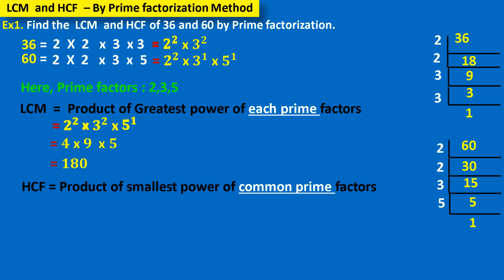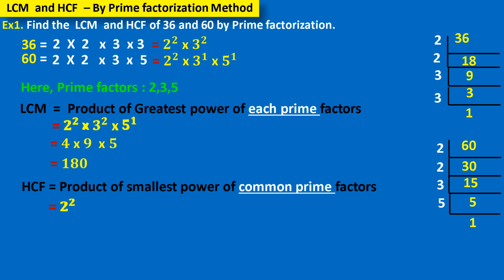Here 2 square is in the prime factorization of 36 and 2 square is also in the prime factorization of 60. Both are the same, so we take it as smallest and greatest also. Here the smallest is 2 square.